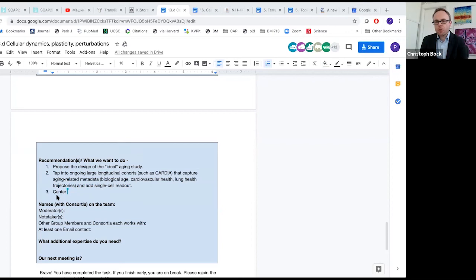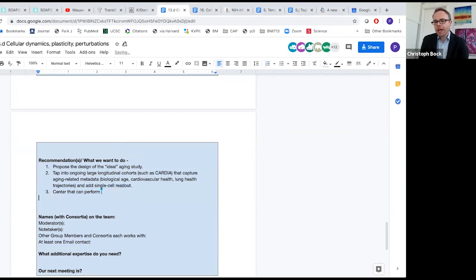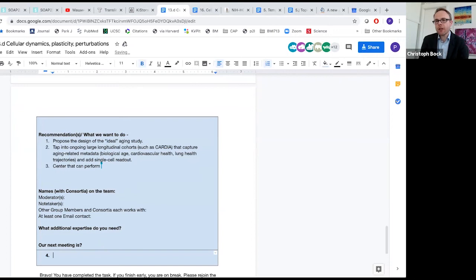Good. So regarding the metadata, what is the minimum? Should there be something like a minimum information on aging? So what would be included there? Biological age, cardiovascular health, you've already written down.